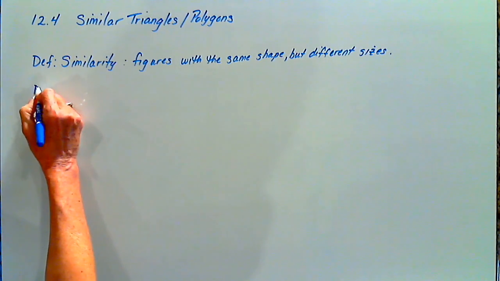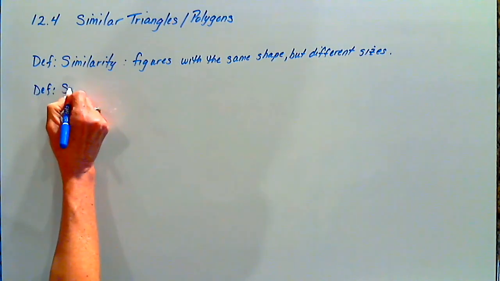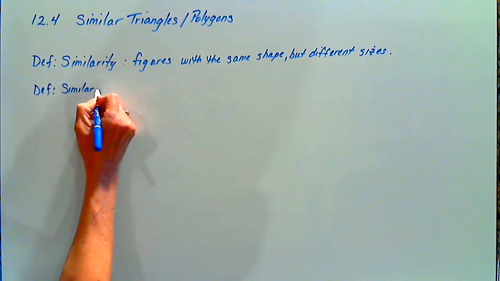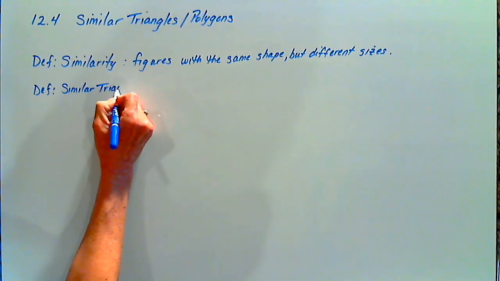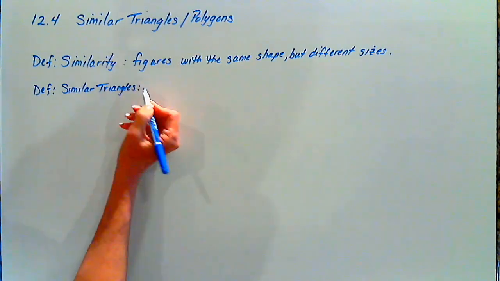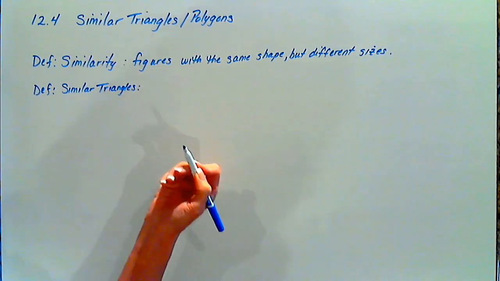So if we're looking at similar triangles, they need to have two things.